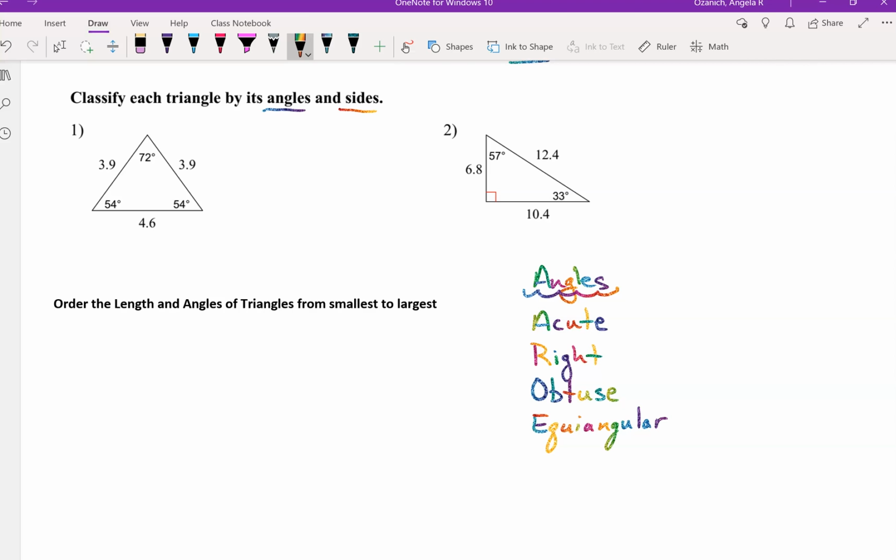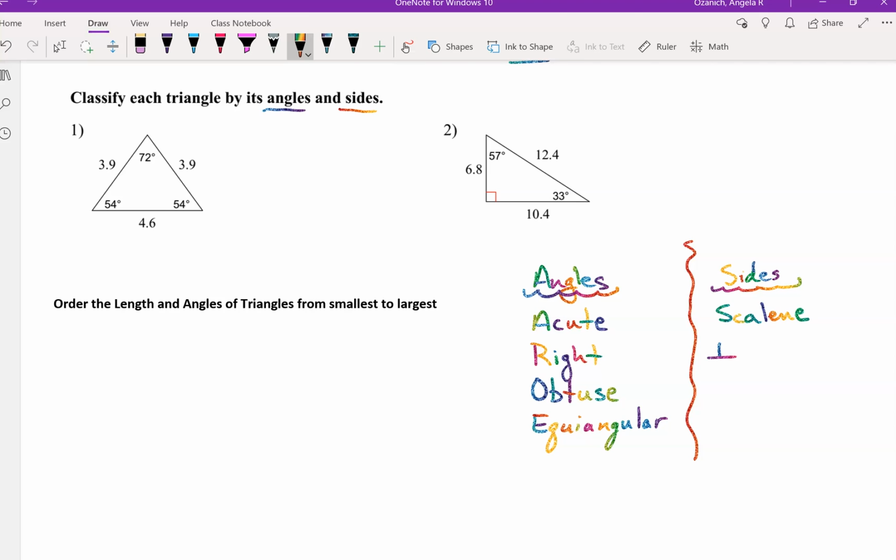All right, and then we're going to classify by sides next. The choices for words you can use to classify by sides are: it could be a scalene triangle, and scalene means that no sides are equal.